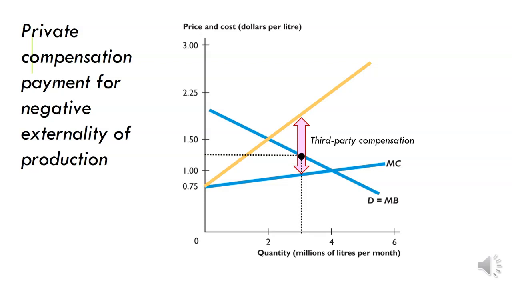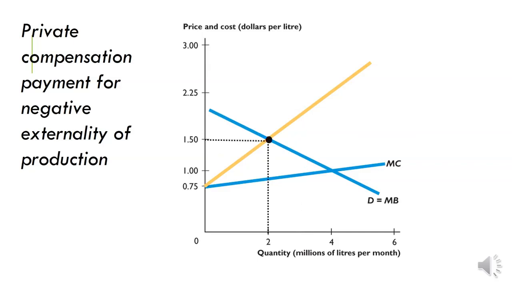Well, no, because they would have to pay this price up here, but the benefit received, or the revenue they would collect from the buyers in the price they're charging, is down here. So they'd be making a loss on the 3 millionth litre. So that's not a good deal for them either. So they say, all right, we produce here.